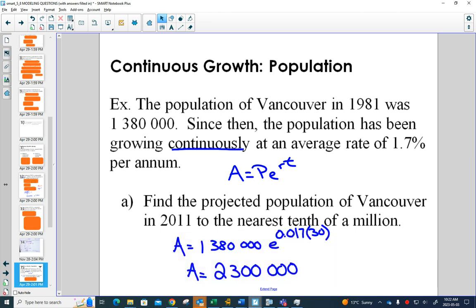So that's going to be our r value. Change it to a decimal. The rate is 0.017. If we're predicting the population in Vancouver in 2011, that would be 30 years later, and we get 2.3 million.